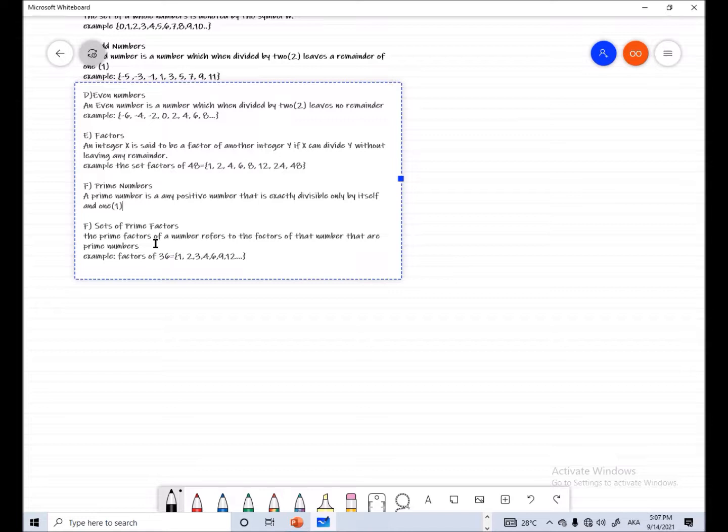That is, each number has no other factors except itself and 1.